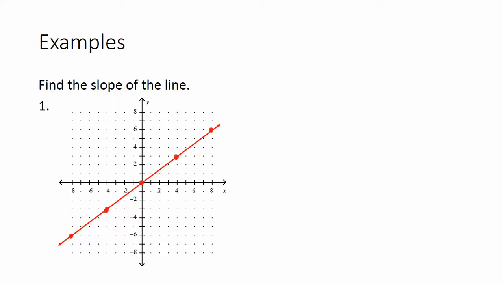So let's look at some examples where we have the function graphed. The linear function is graphed, and we want to figure out what is the slope. So this is literally a counting process. So remember again that slope is the rise over the run.